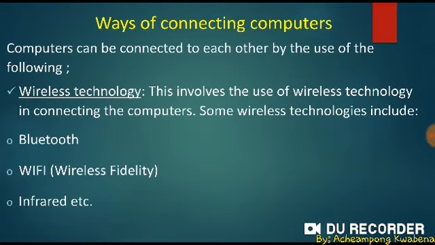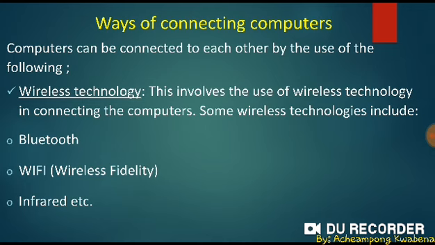A wireless connection is the use of wireless technology in connecting computers. Some wireless technologies include Bluetooth, Wi-Fi, which means wireless fidelity, and infrared. We have other wireless technologies, but these are a few examples.